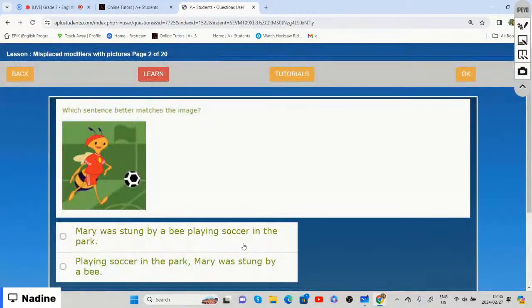All right, so which sentence better matches the image? I think, is that a bee playing soccer? It says, Mary was stung by a bee playing soccer in the park, or, playing soccer in the park, Mary was stung by a bee. Which sentence is correct?